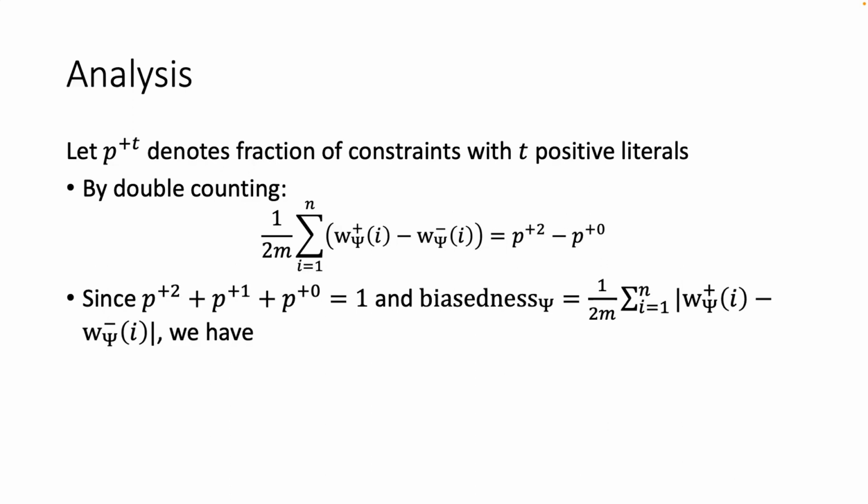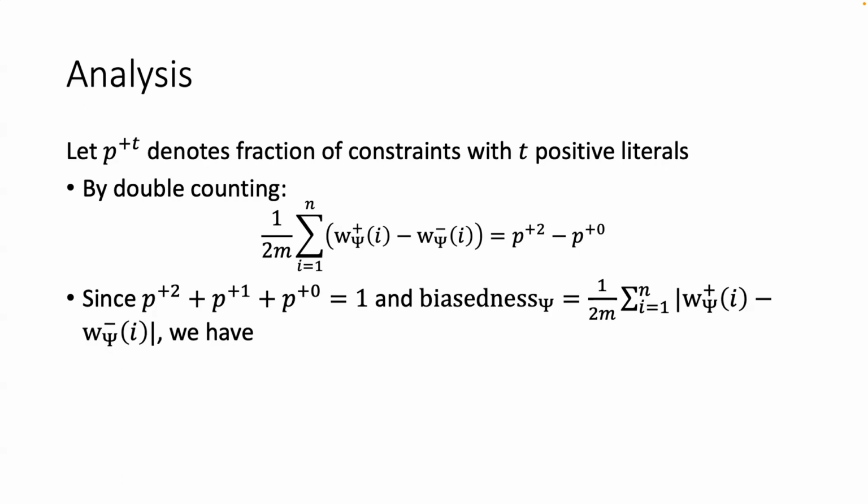Then I'm going to write down an inequality, the inequality that makes the analysis work. These three fractions sum to 1, because every constraint has either two positive literals, one, or zero. And I know that the left-hand side, if I add the absolute value signs, is the biasness.